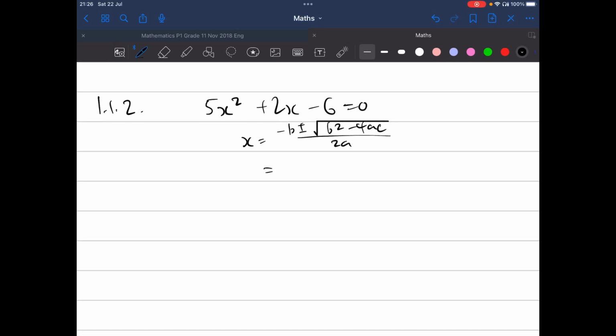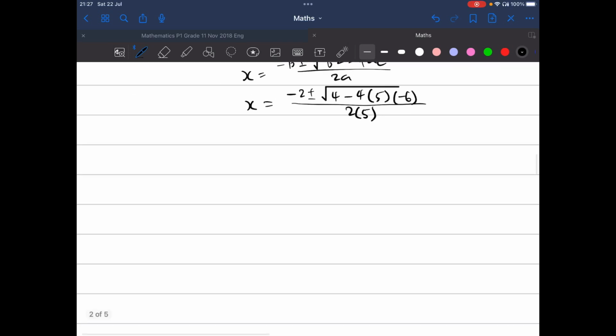Okay, so now we just substitute in. So we'll have x is equal to minus b, so minus 2, plus or minus the root of b squared, so 2 squared is 4, minus 4a, a is 5, and c is minus 6, all over 2a, so 2 times 5.